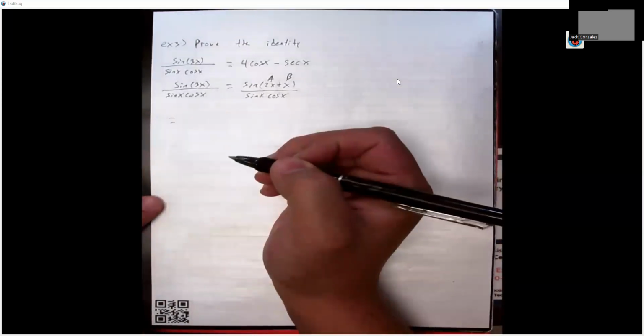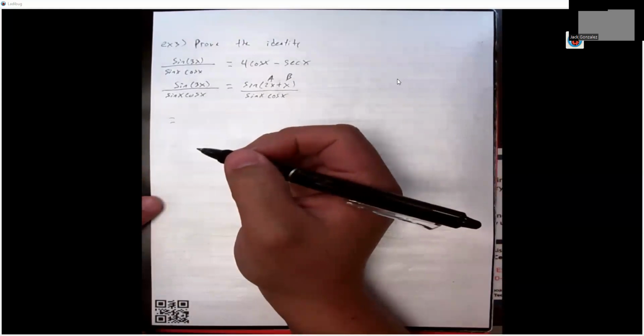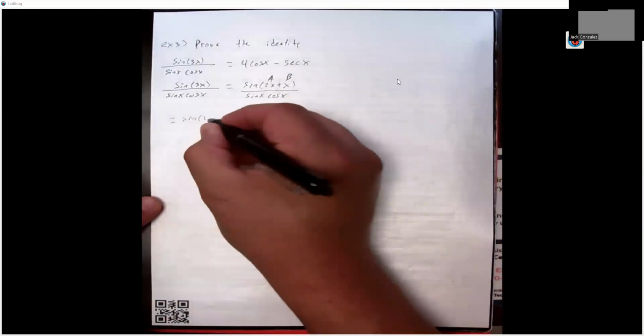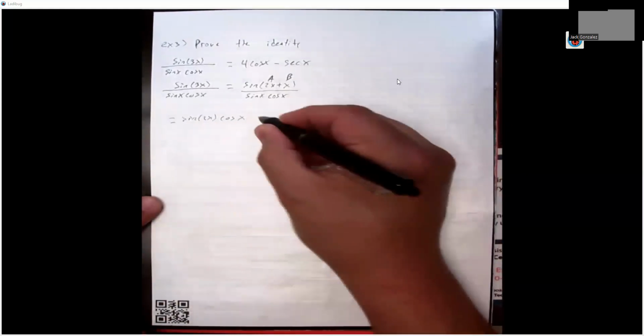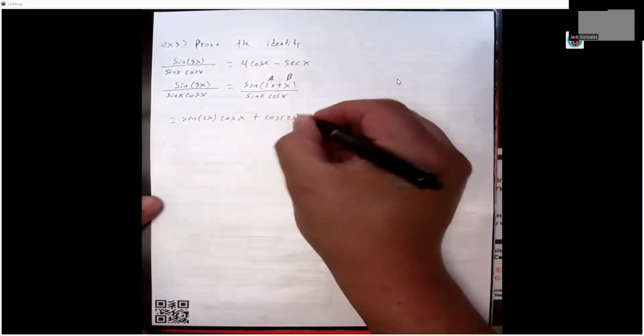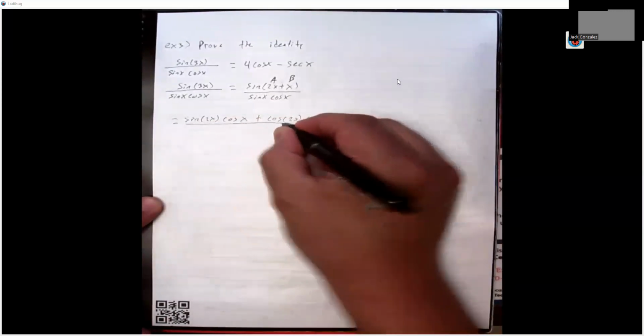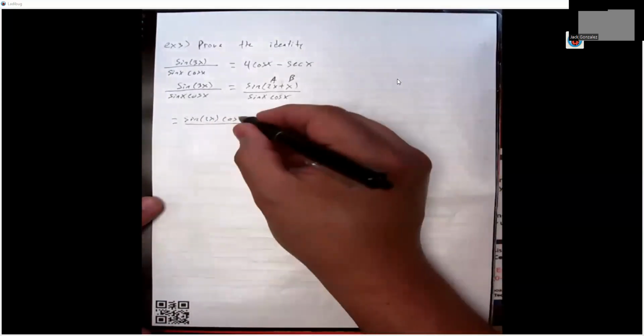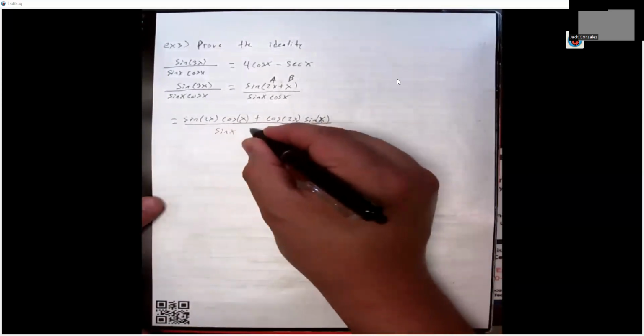So we're going to get, the formula was sine, cosine, cosine, sine. So sine of 2x cosine x plus cosine 2x sine x. So I applied the sum. The bottom is still sine x cosine x. So from here to here, we did the sum formula.